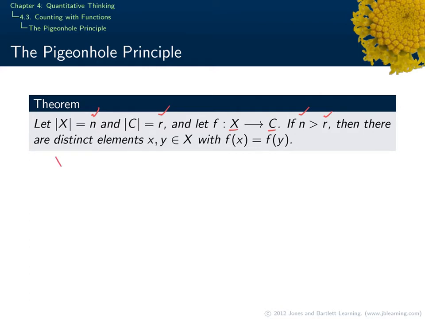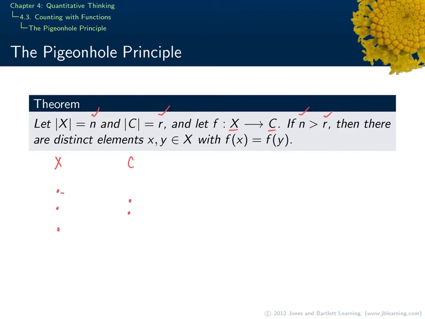So we can sort of see this with a picture, right? Let's suppose x has 3 elements and c has fewer elements, let's say 2. Now, what we want to try and do is spread out these function values as much as possible.